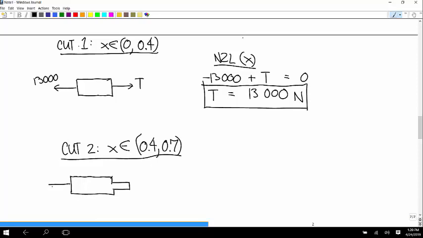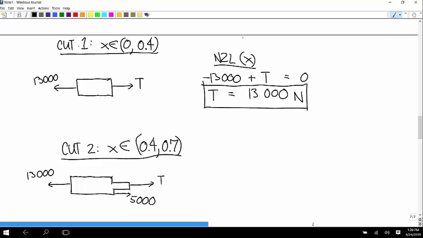And this time we have 13,000 this way, 5,000 this way, and the internal tension. The thickness? No, that does not have any effect on the internal loads. It is going to have an effect on the elongation.